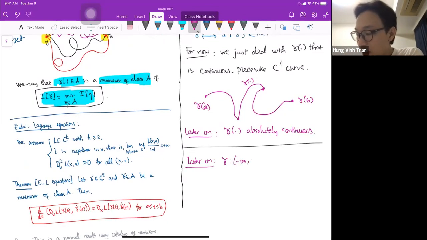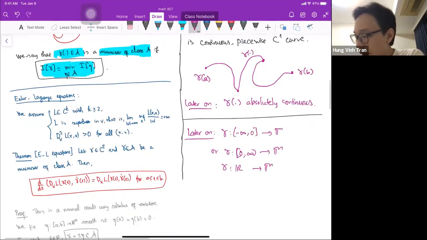We're going to deal with curves like maps from minus infinity to 0 to the torus, or curves mapping from 0 to infinity to the torus, or curves mapping from R to the torus, and then we're going to care about the dynamics of gamma at plus minus infinity.